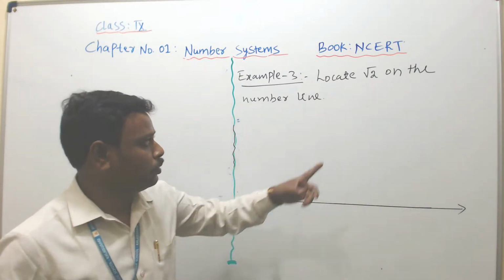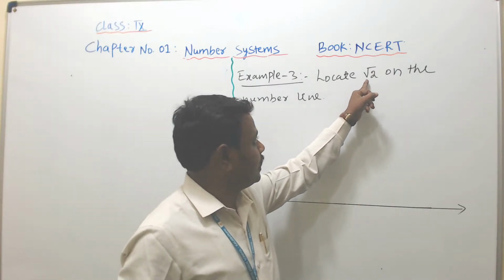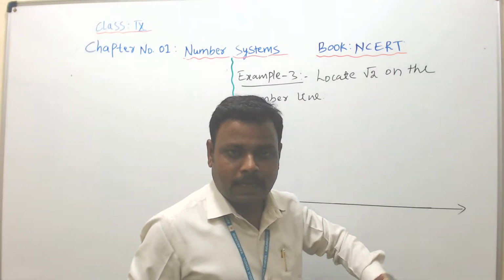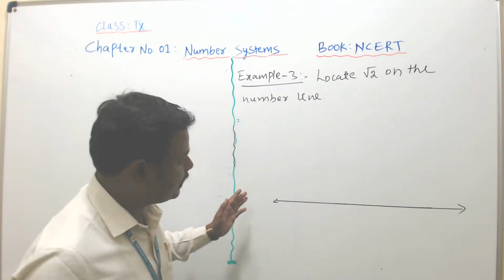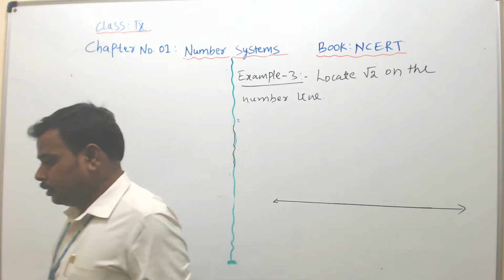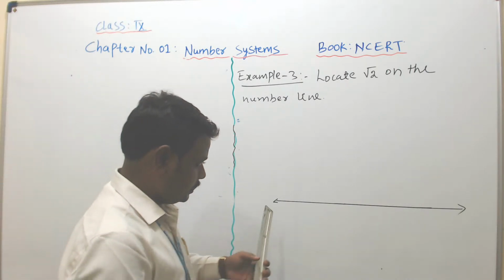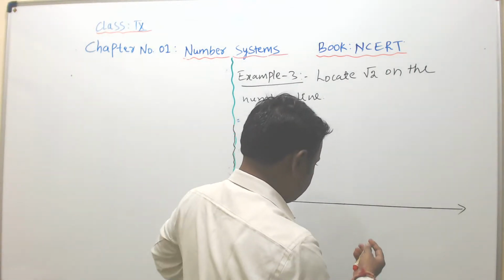Now, root 2 is representing irrational numbers on the number line. So first, what are you doing? In this, you just have to mark 0.